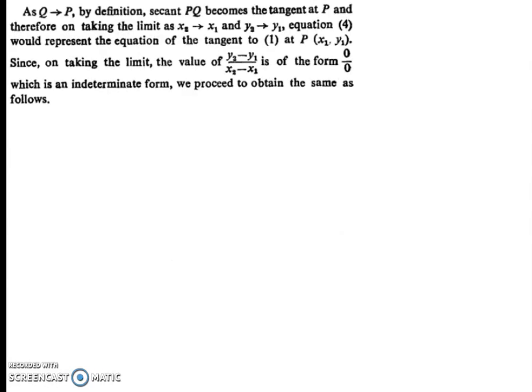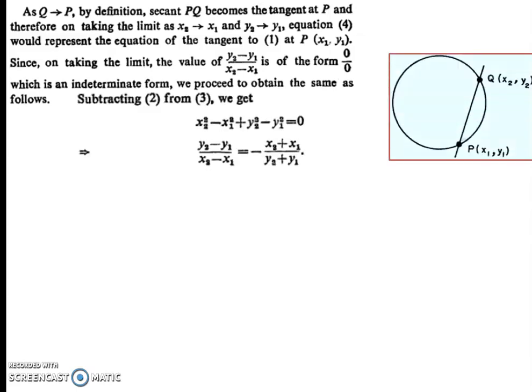Now as Q approaches P, by definition secant PQ becomes the tangent at P, and therefore we take the limit as x2 approaches x1 and y2 approaches y1 in the equation written above, so this becomes the equation of tangent. But the value of (y2 minus y1) over (x2 minus x1) is 0 over 0, which is indeterminate. So we proceed to obtain the same value. How do we find this?